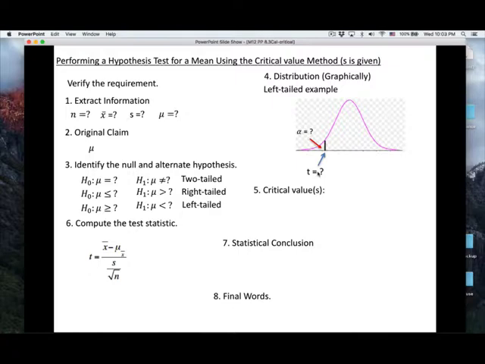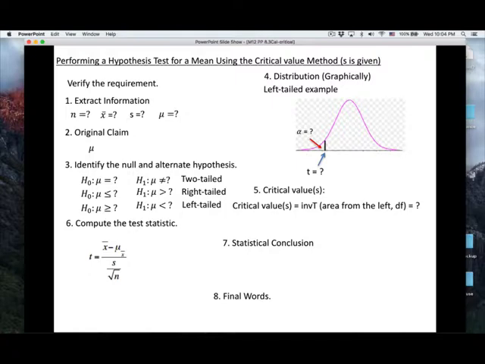Again, we'll be using the t distribution. So for the critical value, you'll be using the inverse t. But this inverse t, you can only find on your TI-84 Plus calculator.